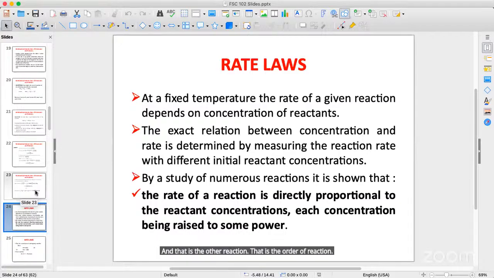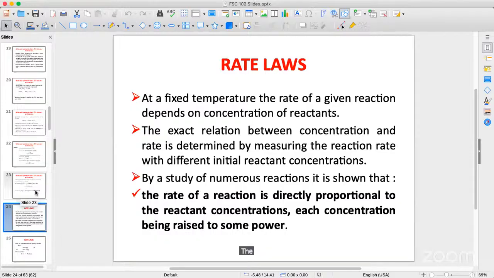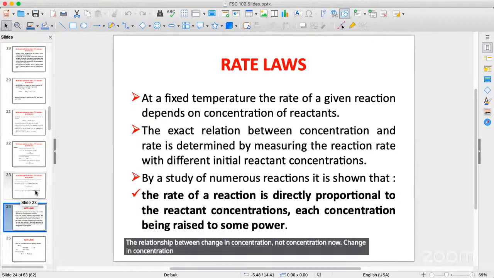I'm not saying that it's the relationship between concentration and rate of reaction. That's not what I'm saying. I'm saying it's the relationship between change in concentration, not concentration, and change in rate of reaction, not rate of reaction.